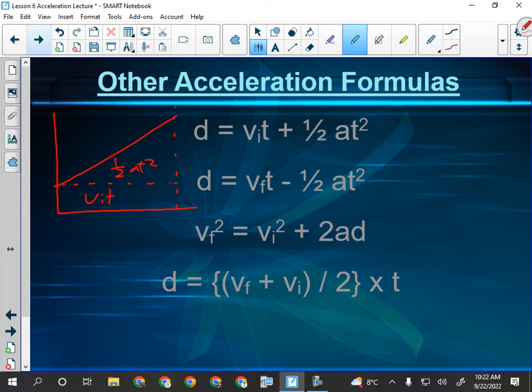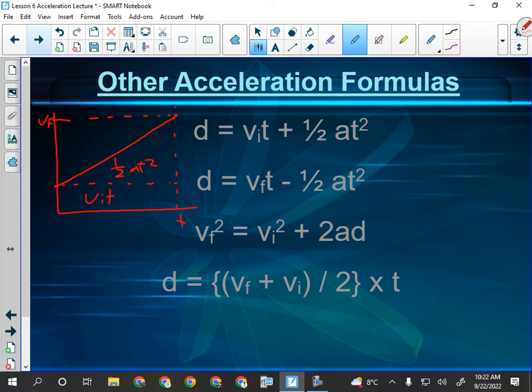Okay, the next formula is doing this the other way. So it's saying VF times T. So this is VF up here. If I go VF times T, what does that calculate? Yeah, it calculates the whole square or rectangle here, right?